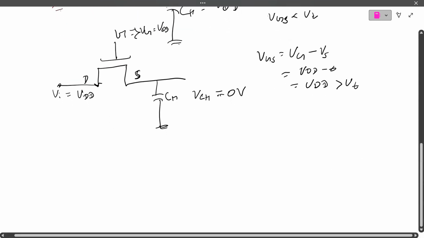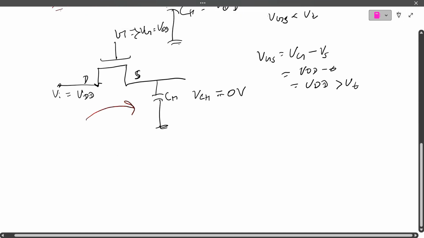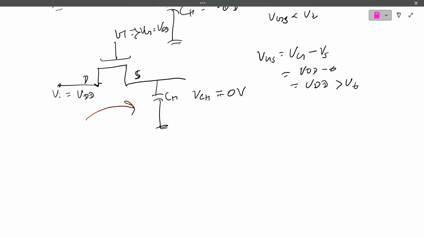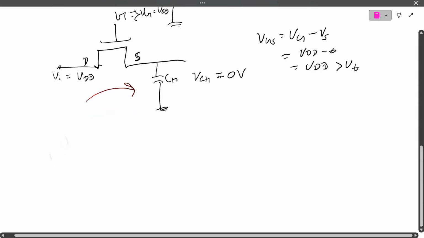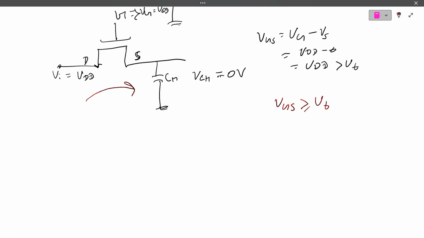So my NMOS will turn on and current will start to flow like this, right? Up to what value will the capacitance charge? I'm going to tell you, just wait. As we know, the NMOS is on when VGS is greater than or equal to VT.